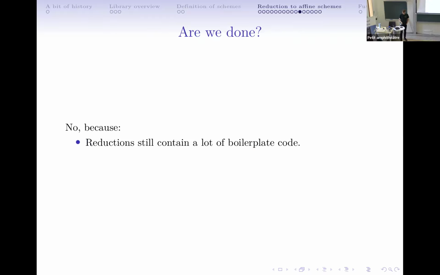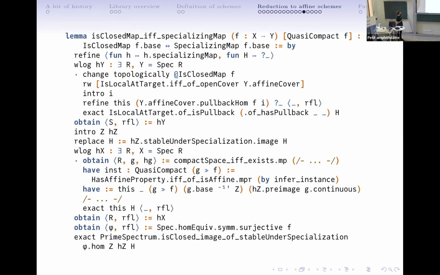And well, we can ask, is this good enough? Well, it's not bad, but I would say there's still room for improvement. One of the improvements we can make is this: this is just a more or less random proof that I took from the library. You don't have to read all of this.